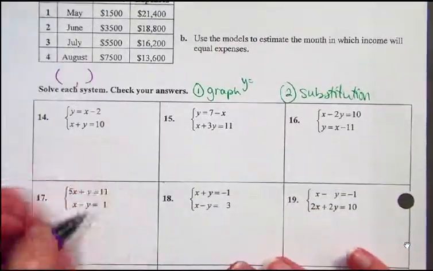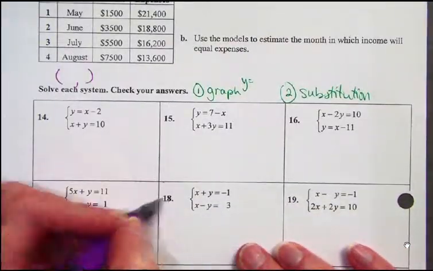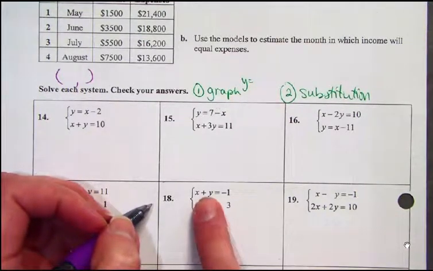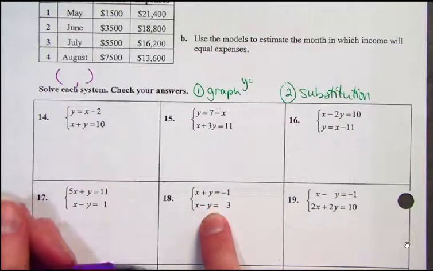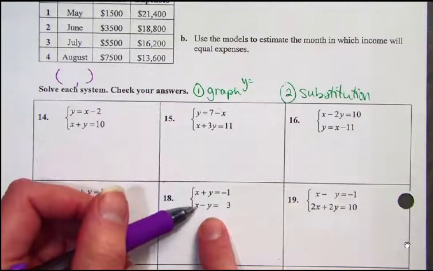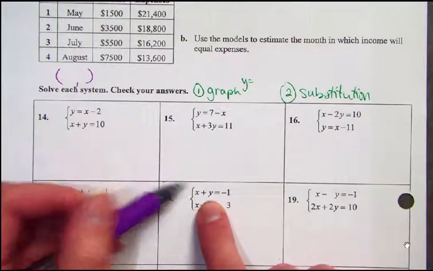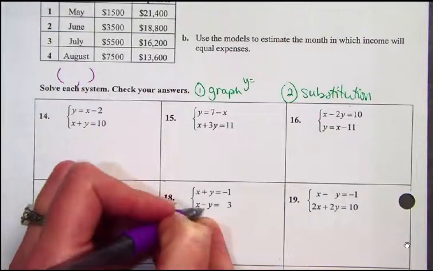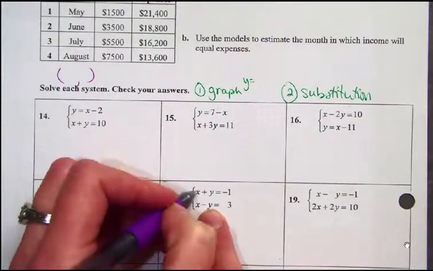So I'm going to randomly pick number 18. This one looks like it might be fairly easy to get one of the variables by itself and use substitution. Let's get y by itself up here in this first one. Any of those variables would be fairly easy, they all have a coefficient of 1.